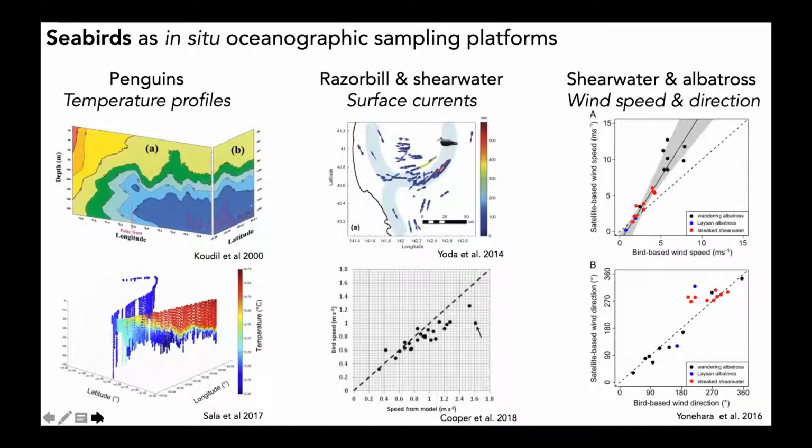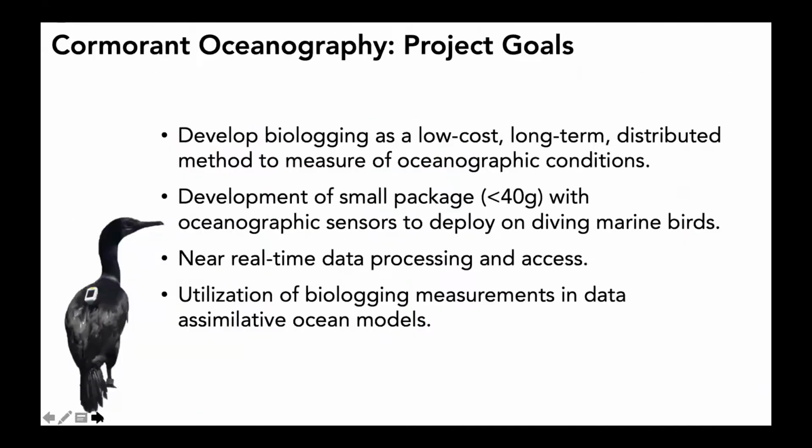So for the Cormorant Oceanography Project, we are aiming to develop biologging as a low-cost, long-term, and distributed method to measure oceanographic conditions. To do this for marine birds in particular, we really need tags that are at least less than 40 grams and ideally smaller than that.